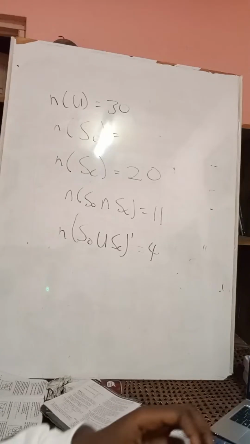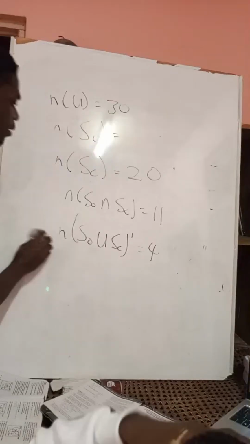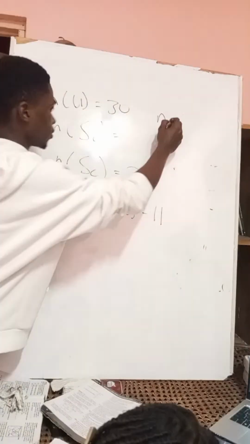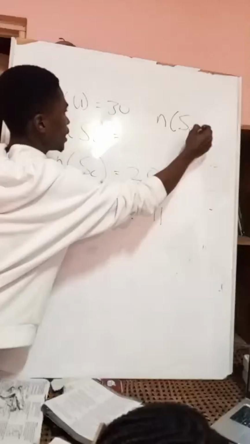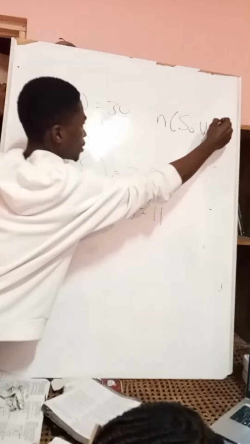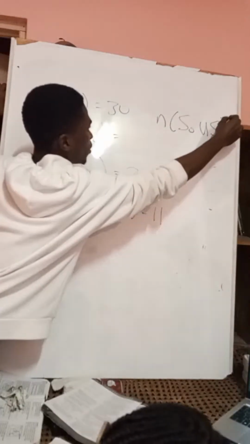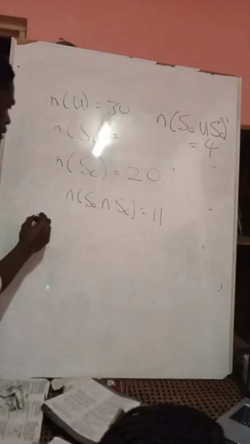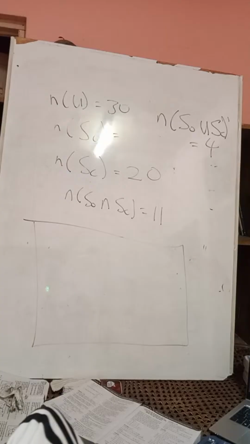Social studies union science complement equals 4. So let's draw the diagram here. I've written all the details. Is it clear?